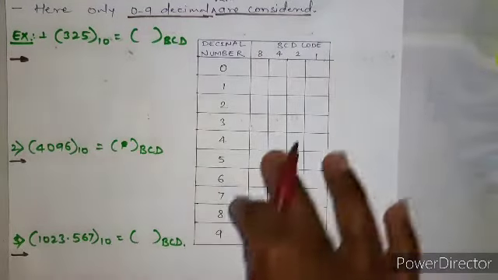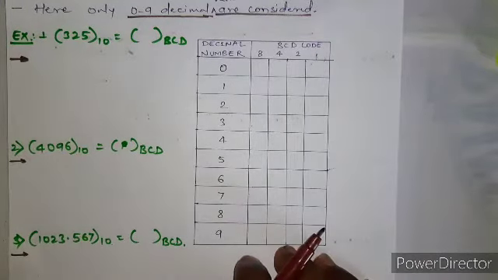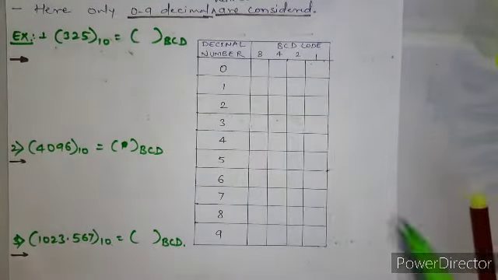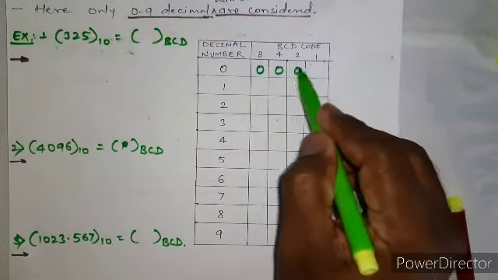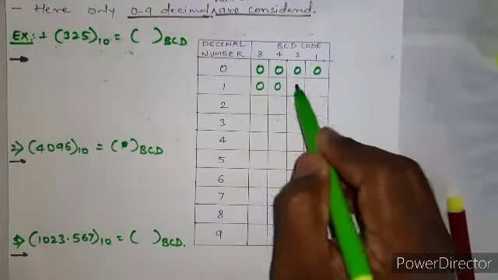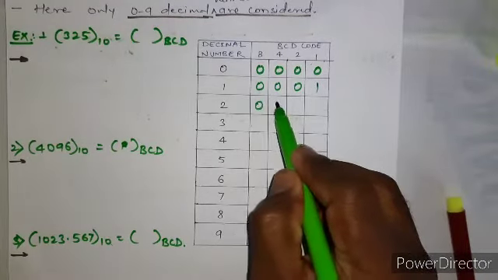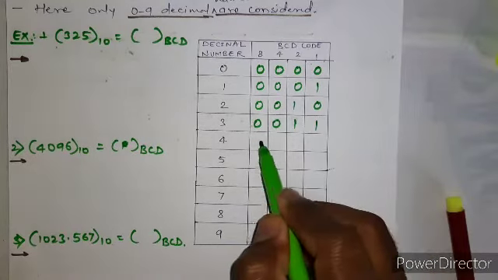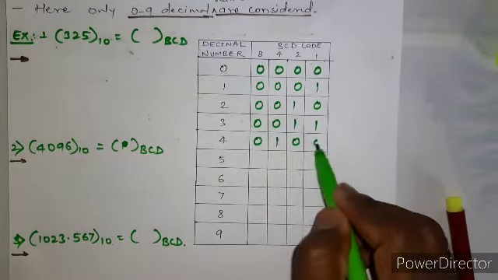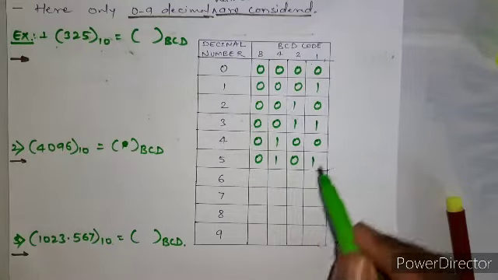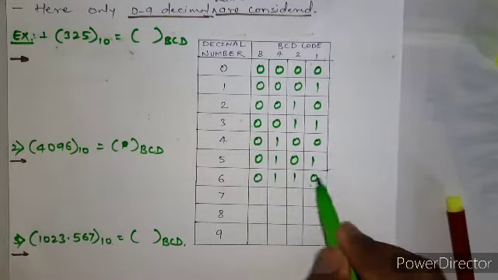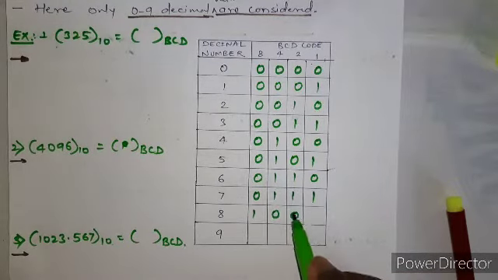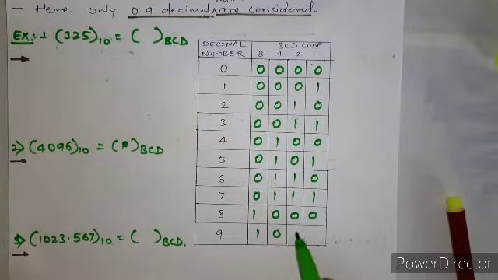Now you are very much familiar with this table. I can directly write down: for 0 it is 0000, 0001, 0010, 0011, 0100, 0101, 0110, 0111, 1000, and then 1001.